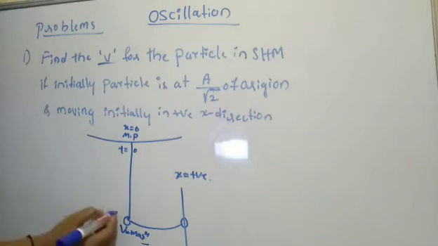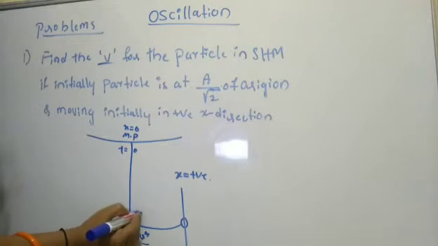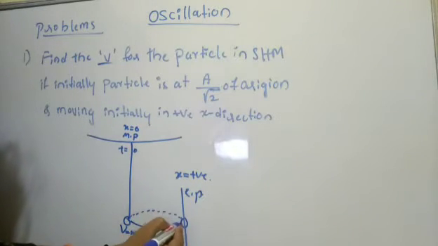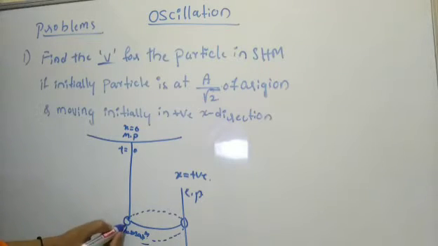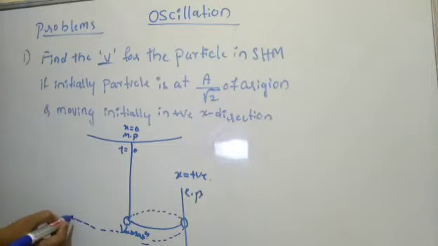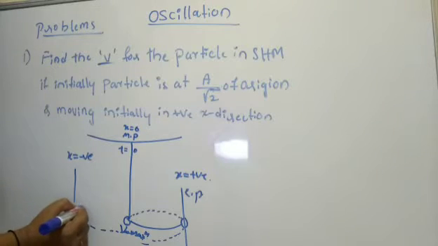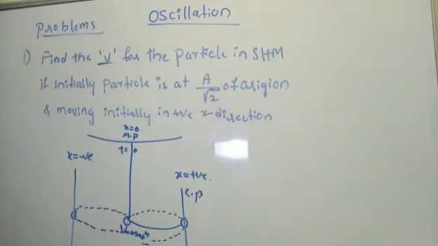When it is executing simple harmonic motion, it will move towards the extreme position in the positive direction. Similarly, it will come to the mean position and it will not stop here. This form we already know. It will go to the other extreme position, that is x equal to negative, and it will come to the position where it started, the mean position.